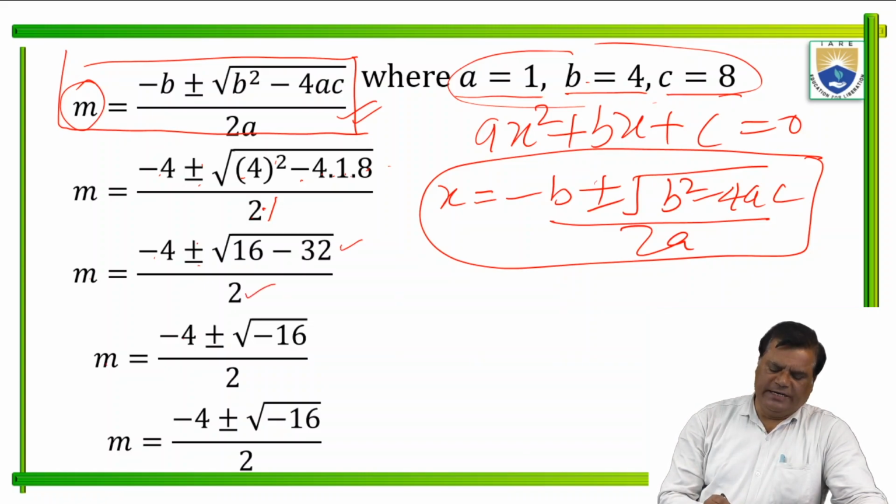Now m equals minus 4 plus minus under root 16 minus 32, upon 2. 16 minus 32 means minus 16 here. So now minus 4 plus minus under root minus 16 upon 2.